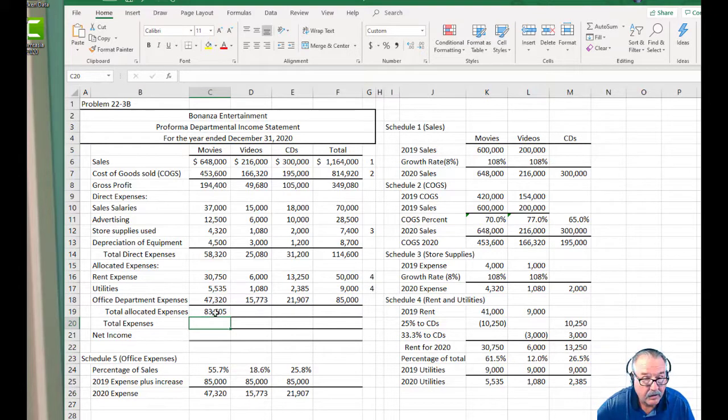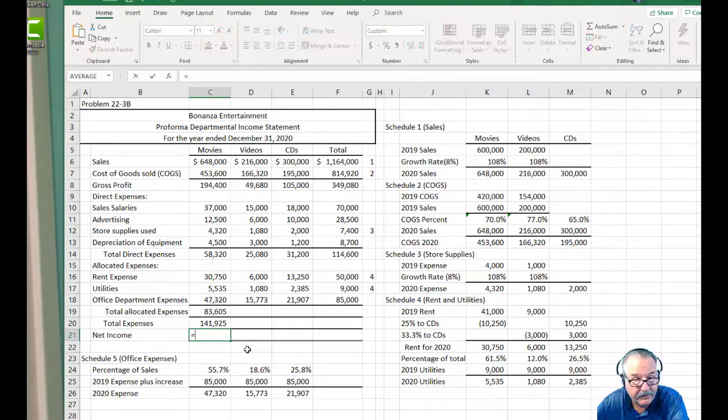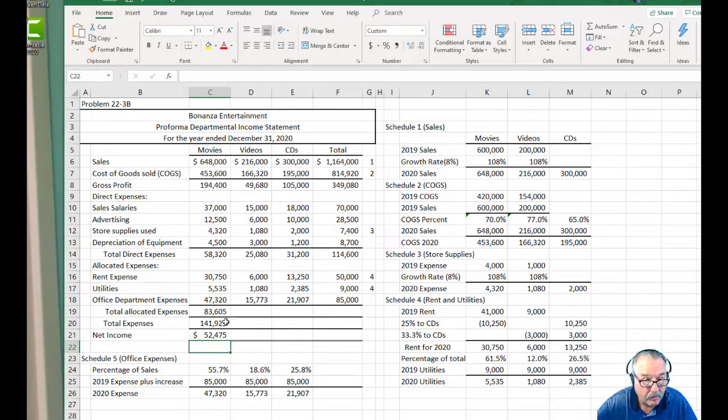We'll total allocated expenses for movies is 83,605. When we add that to the direct expense, we get 141,925, and then if we subtract that from gross profit, we get 52,475.